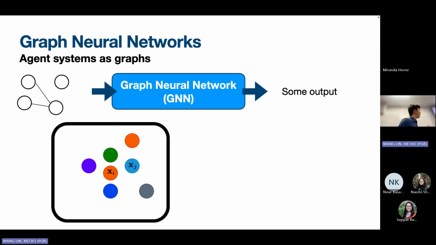First of all, the way we convert the agent system into a graph is that we have an example agent system here, and I labeled two agents by i and j. For each agent, we look at a small radius r, and if another agent falls within the radius, we connect them with an edge. The nodes of the graph are the particles themselves.